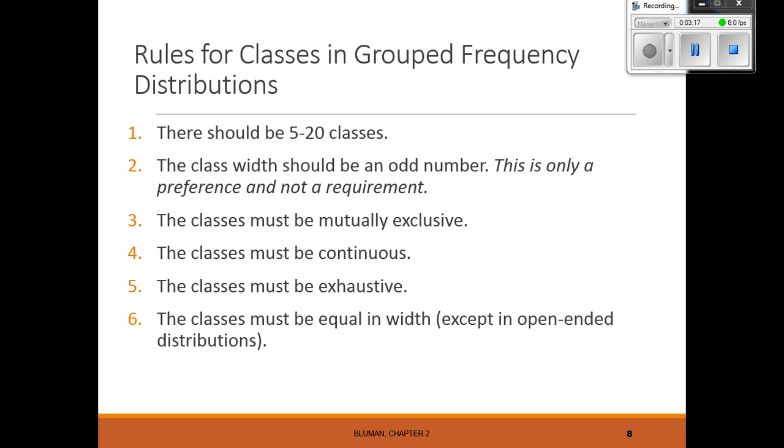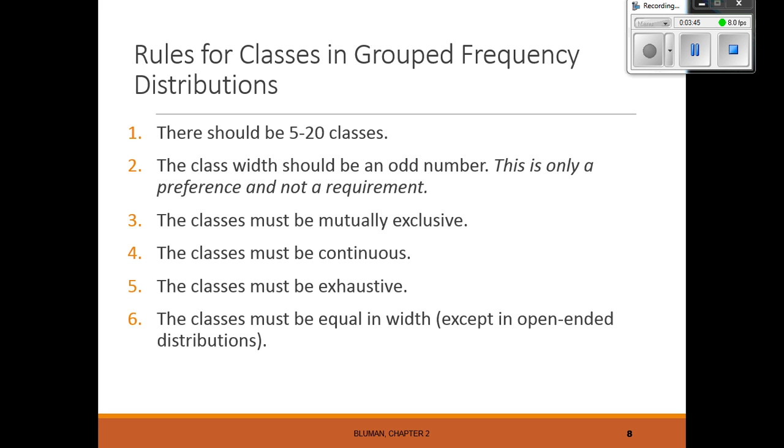And your classes must be equal in width with the exception of open-ended, meaning your last class may be open. If we're talking about ages, ages may be grouped. Anybody aged from 0 to 10 years old, from 11 to 20, 21 to 30, 31 to 40, and so on and so on. And then at some point you may say anybody 80 or older.